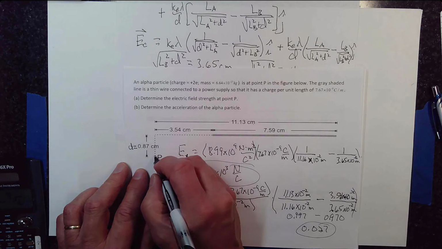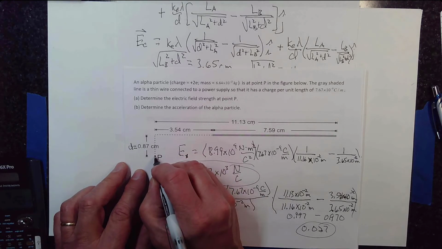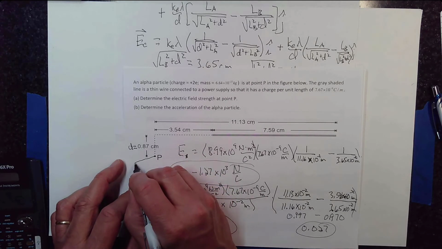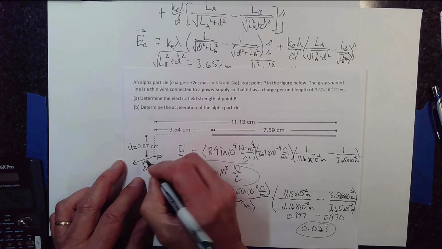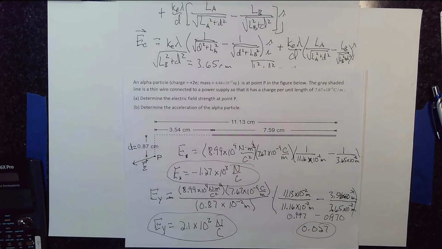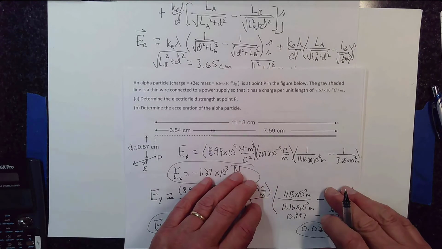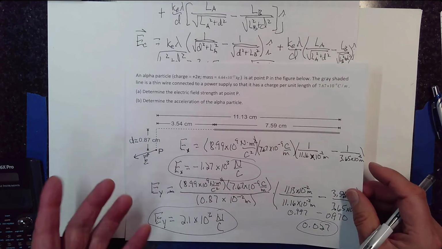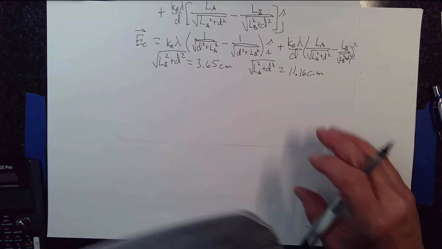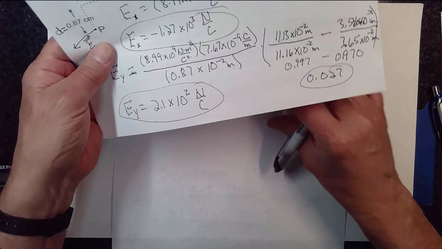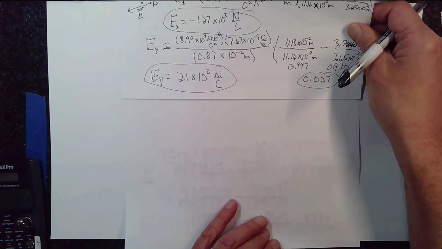So the electric field here is mostly going to point in the negative x direction. And I could figure out a magnitude and so forth for it, but I can also figure out the acceleration of the alpha particle. And this is something maybe we haven't done yet, but let's take a look at it.